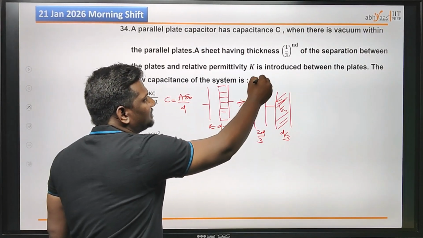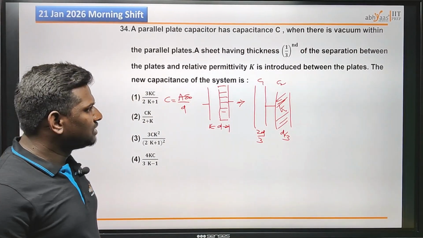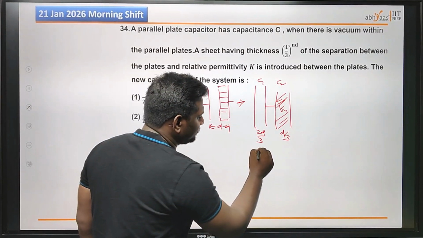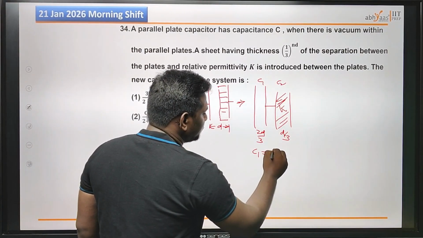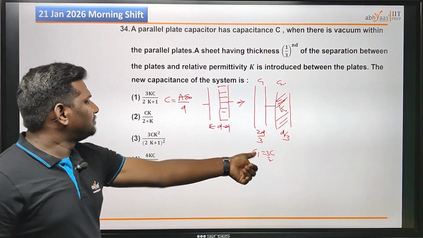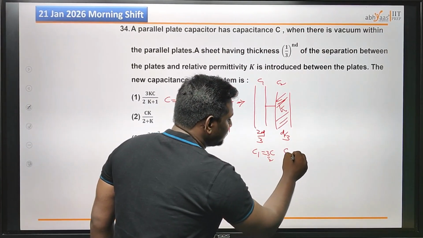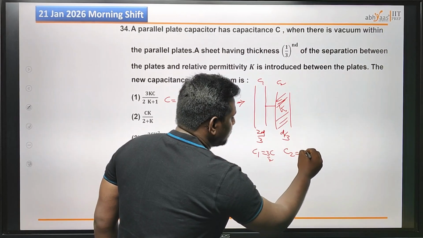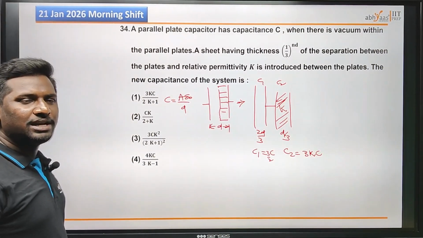Take them as C1 and C2. If you write C1, it equals 3 by 2 times C. If you write C2, it equals 3kC.